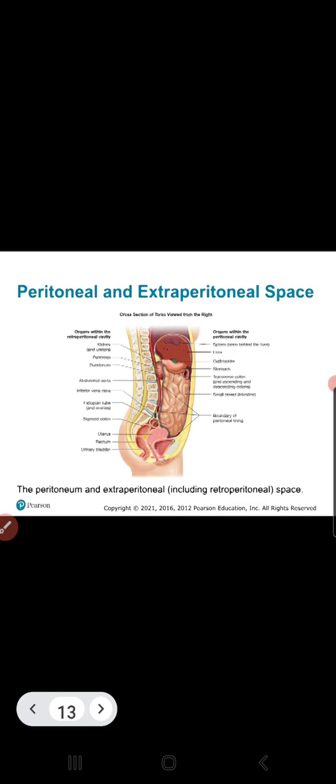Here's another side view, a cross section of the torso, with the view from the right. You probably have one in your book as well, so it's a good thing to look at, and then know where you're located in there.